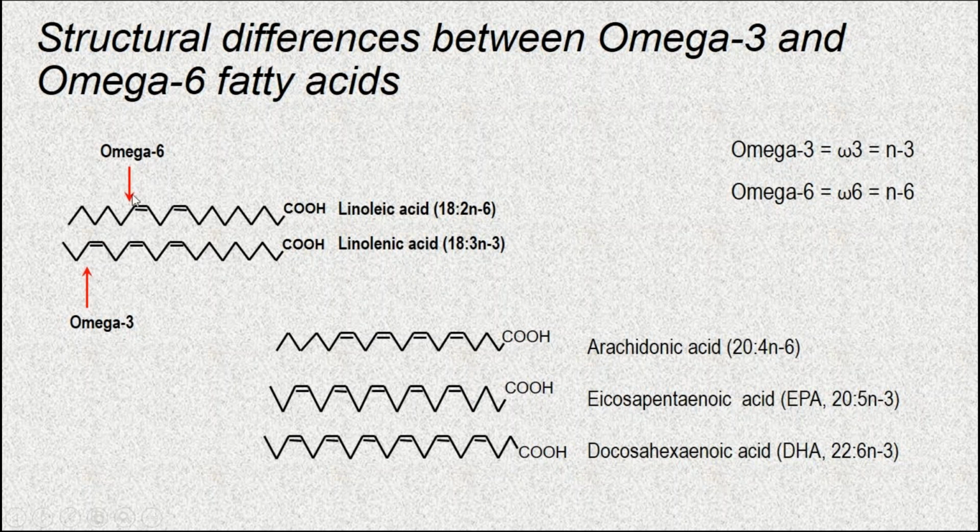And this omega nomenclature was developed in the 1960s by Ralph Holman in Minnesota. And he observed, and others had observed, it was well known at the time, that the position of the double bond as a chemical matter was six carbons in from the back of the molecule for the omega-6s and 3 carbons in for the omega-3s.